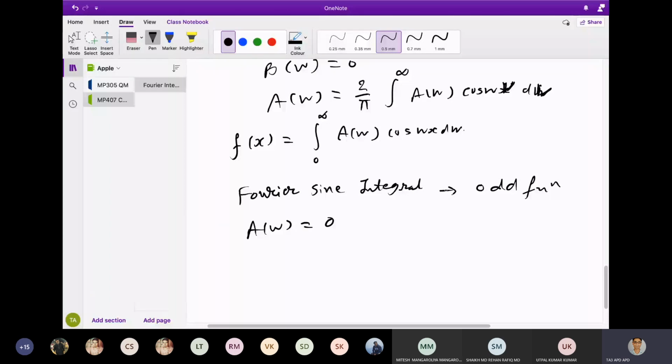Cos is an even function, this is an odd function, and even into odd will be an odd function. So the whole integral will be equal to 0, and the coefficient b is going to be equal to 2 times the integral from 0 to infinity of f of v sin wv dv.